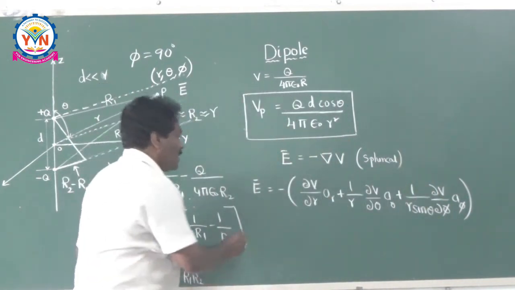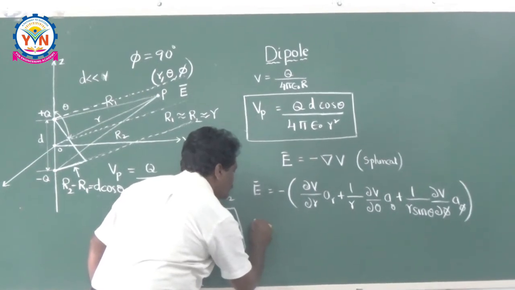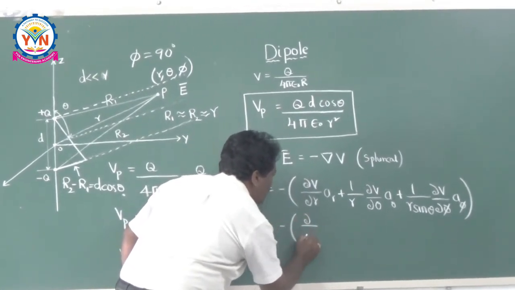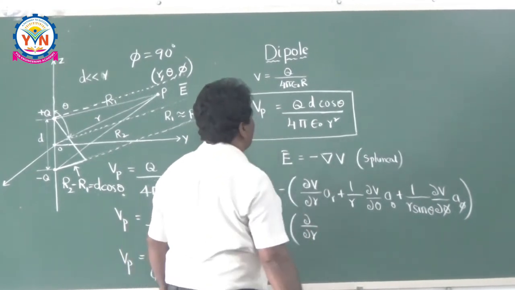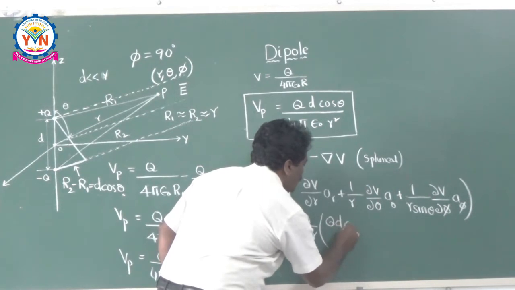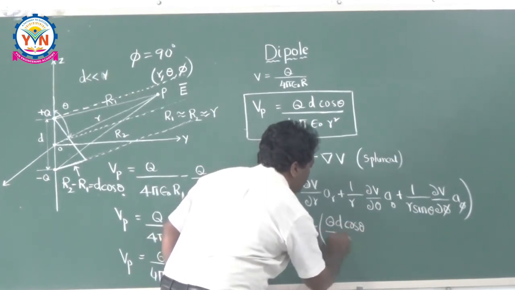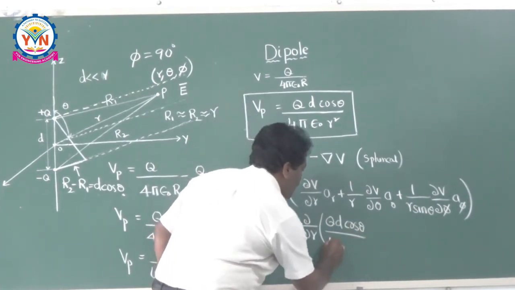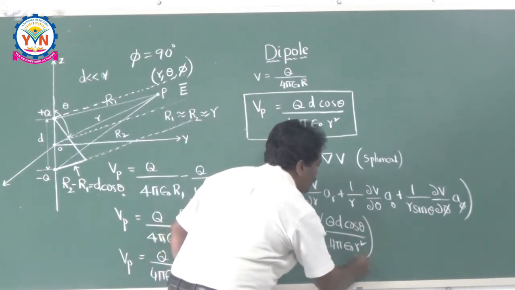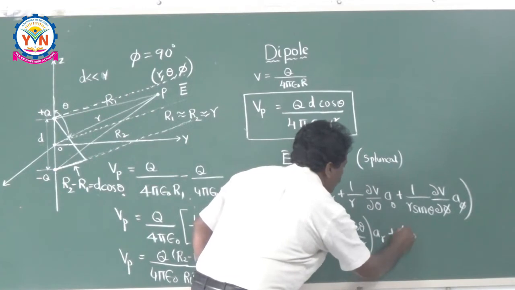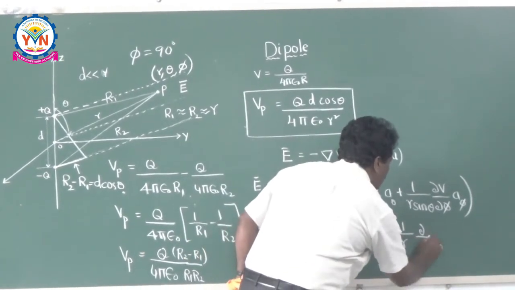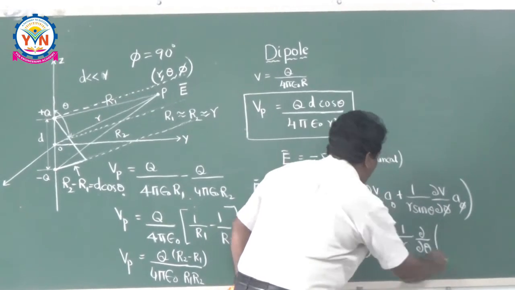So you can say E bar is equal to minus dou V by dou R, means dou by dou R of V. What is V here? QD cos theta by 4 pi epsilon naught into R square into AR plus 1 by R dou V by dou theta, means dou by dou theta of, what is V once again here?